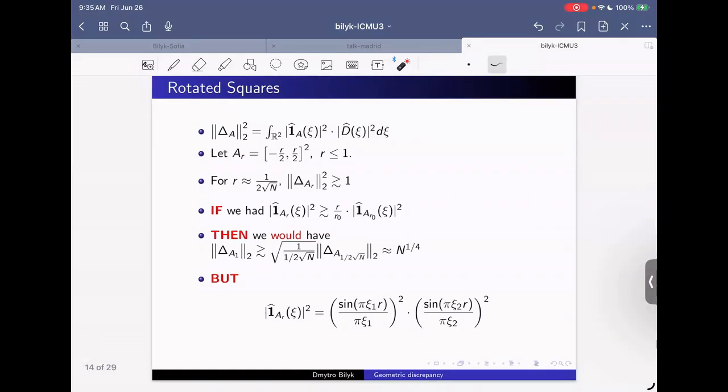So here is the start of the argument, or what we would want to be the argument. Let A be a square of side length R. First of all, I'm going to use the stupid bounds. If R is small, say of this order, then the volume of this square is going to be 1 over 4n.